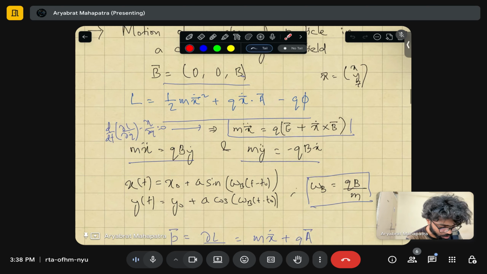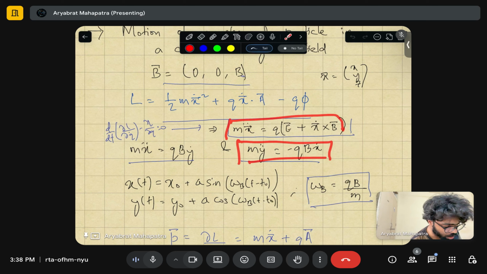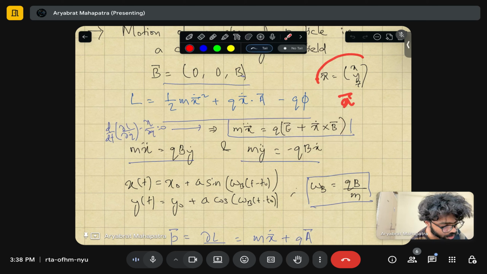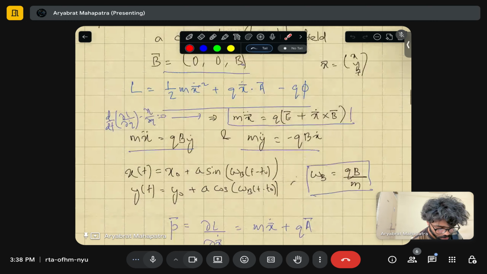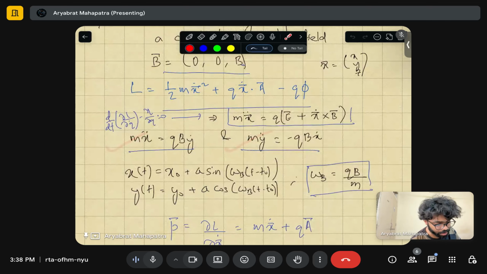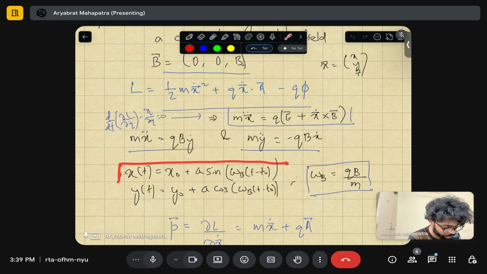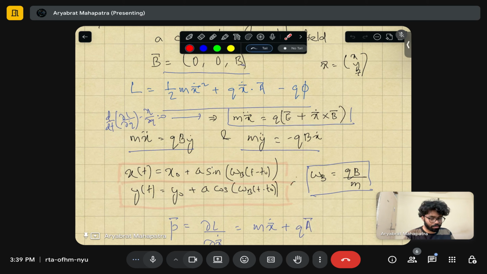From this Lorentz equation, you can calculate the equation of motion along x, along y, so it has all three components. These are coupled equations. If you solve them, you can get a solution of an oscillatory form, something like this.